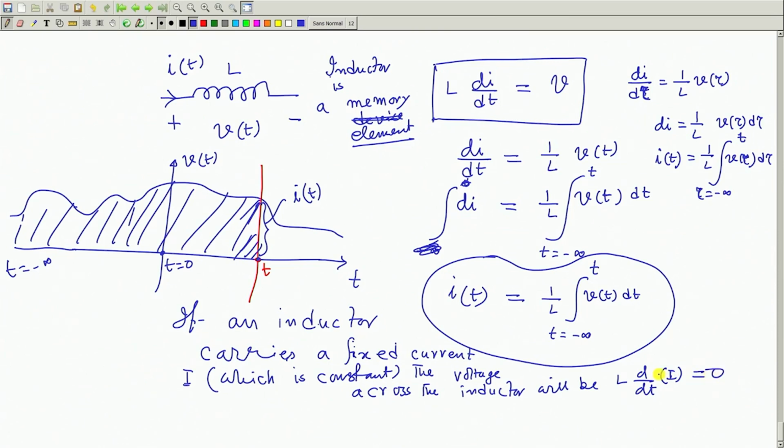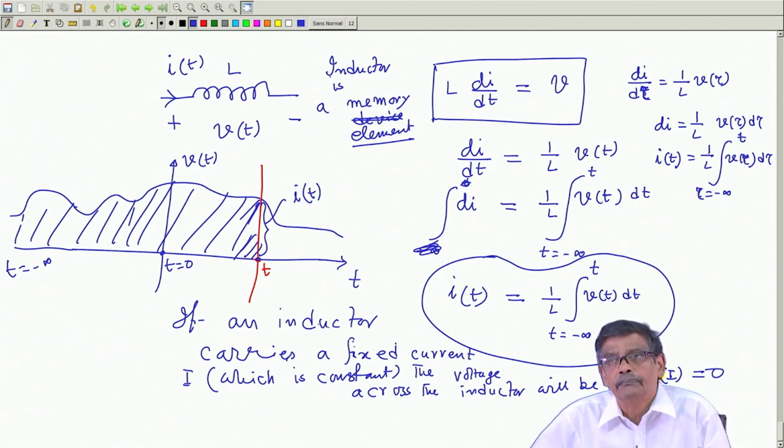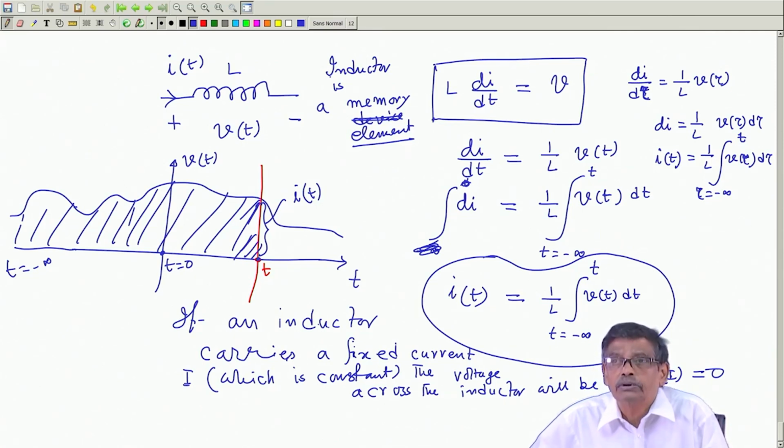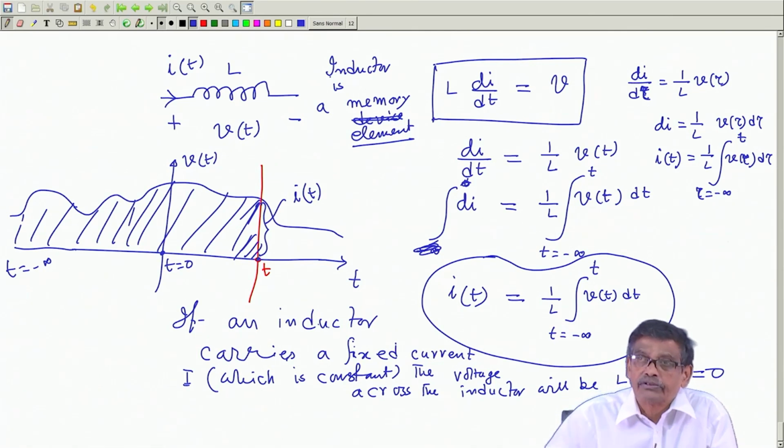That means between these two points there will be no voltage drop. Therefore, there will be a voltage across the inductor only when the current through it becomes a time-varying quantity. If it is constant, then there will be no voltage drop across the inductance.